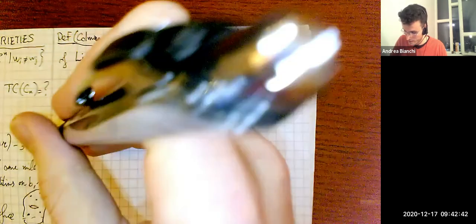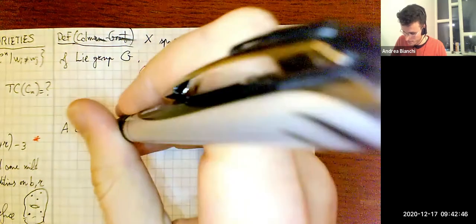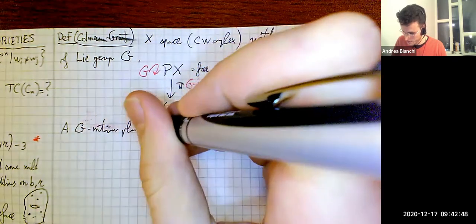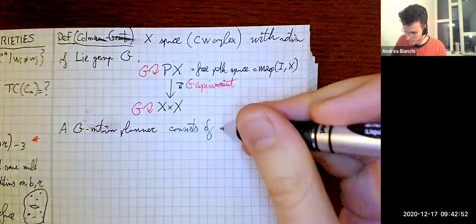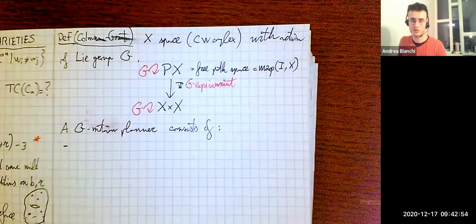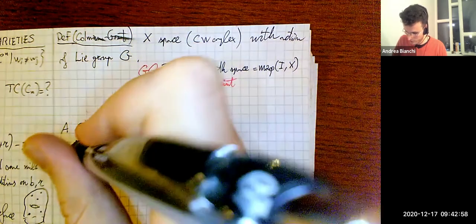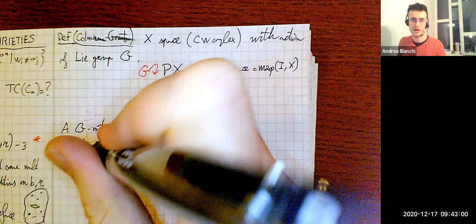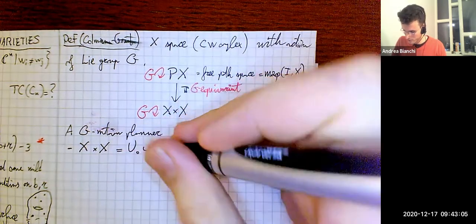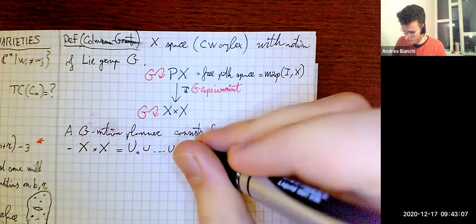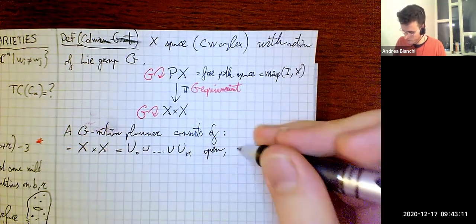So first, a G motion planner consists of the following two pieces of data. First is a decomposition of X times X as a union of open sets, which must also be G invariant.